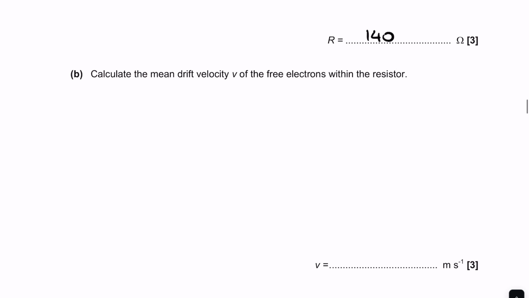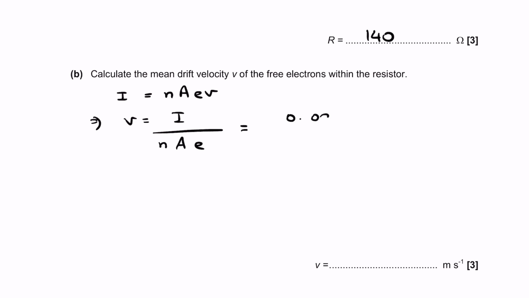For part B, we are asked to calculate the mean drift velocity v of the free electrons within the resistor. So we know the equation I = nAev, therefore v = I over nAe. Current is 0.025.